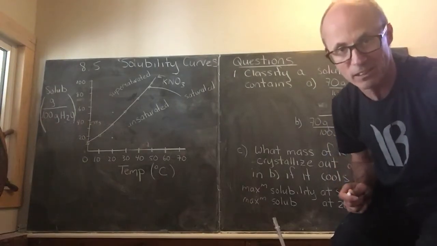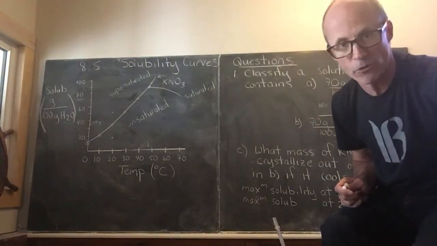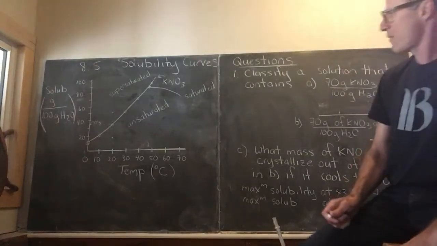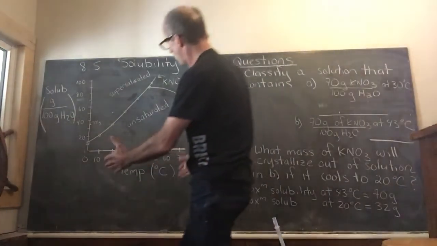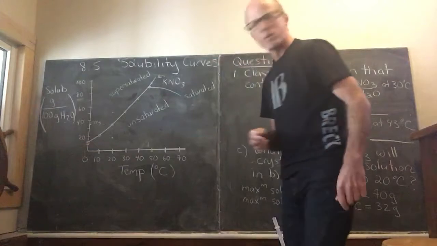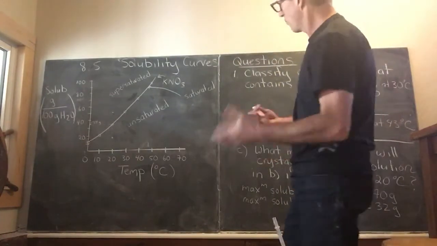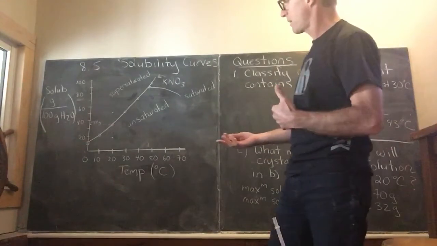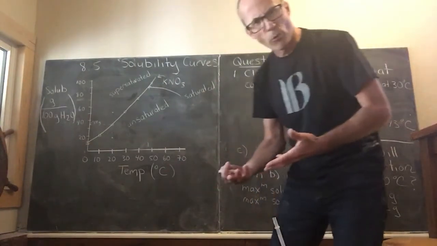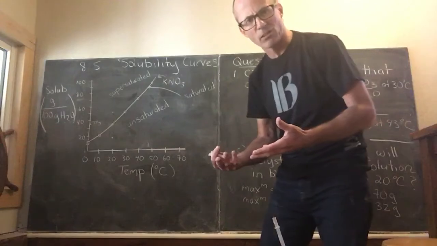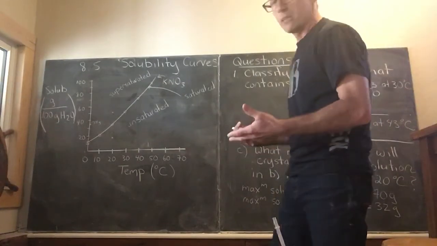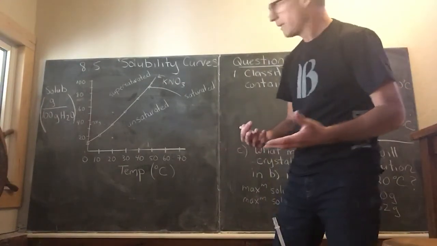There's a lot of shifting in solubilities over a small temperature range. You may remember from last time, we know that solubility does go up as we increase temperature for ionic compounds. We're not going to go beyond 100 degrees because we know water boils at 100 and it just doesn't make a lot of sense to go beyond that temperature.